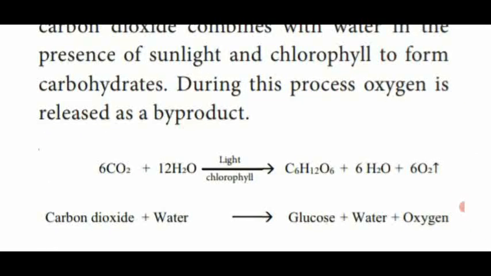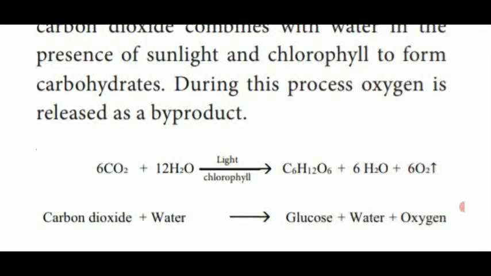The overall reaction of photosynthesis is given here. They absorb carbon dioxide from the atmosphere and take water from the soil, in the presence of sunlight and chlorophyll pigment present in the green plastid, producing glucose or carbohydrate, that is C6H12O6, and releasing water molecules and oxygen.